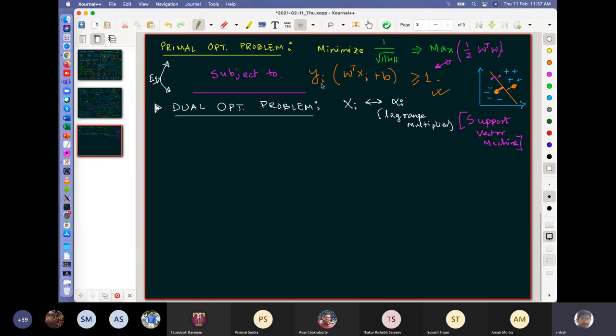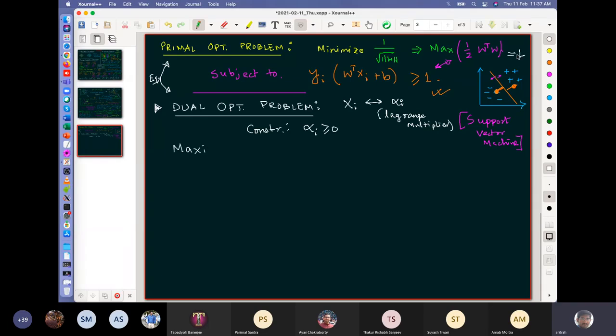The intuition of the proof is that instead of the constraint being such a clumsy term, they make the constraint that each alpha i will be greater than or equal to 0. What they want to do is make the optimization term big, and there are certain advantages, which I will mention. What they do is they try to maximize.